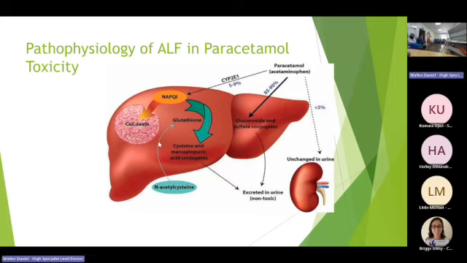And that is what N-acetyl cysteine replaces. So it's essentially a saturable system, and that is why the treatment with N-acetyl cysteine is to replenish those stores so it can be conjugated to a non-toxic metabolite.